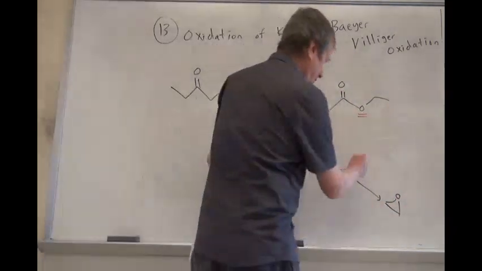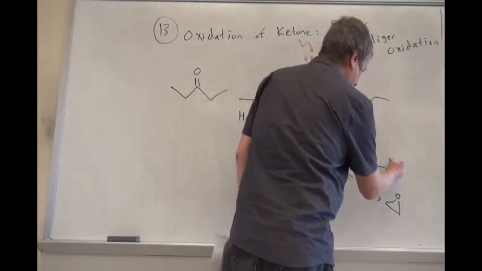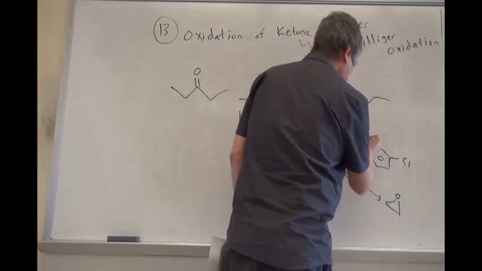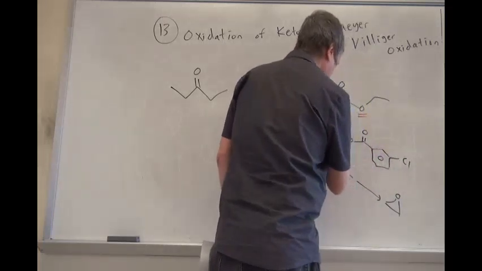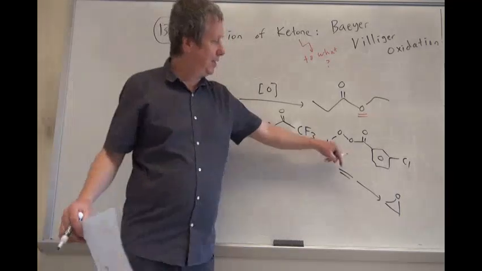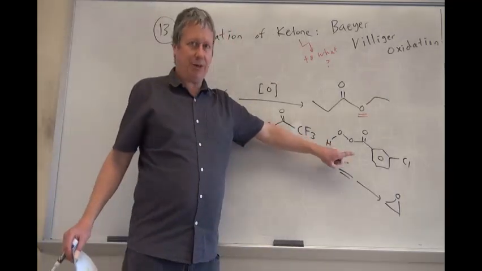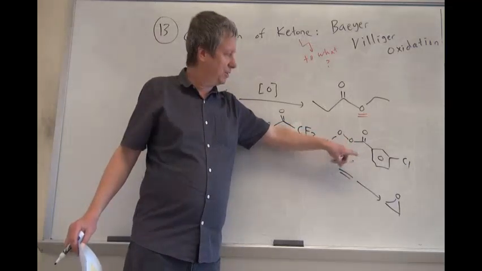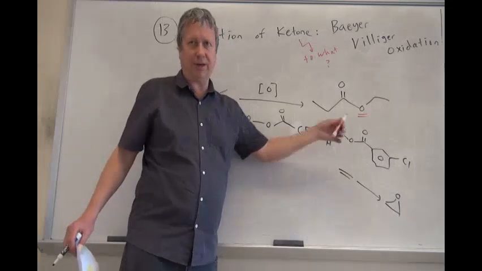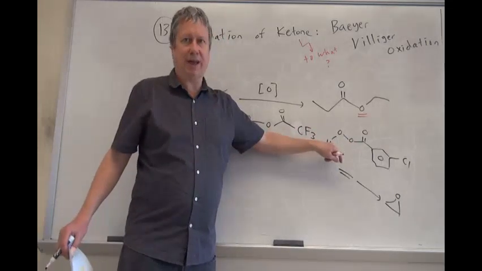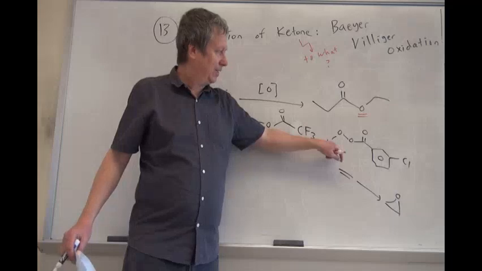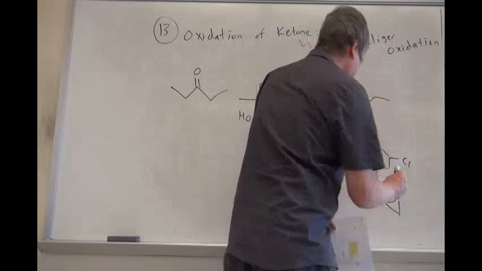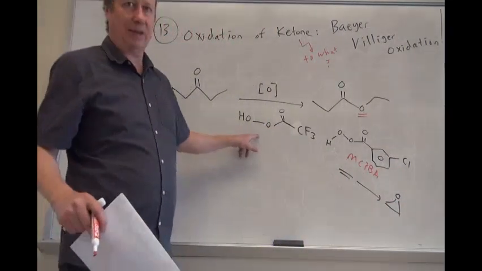What's the structure of MCPBA? Remember that? That's MCPBA. It looks like a carboxylic acid almost, but it has an extra OH, an extra oxygen. It's like a carboxylic acid with an extra oxygen. MCPBA, remember that? Well, this has the same thing, the extra oxygen.